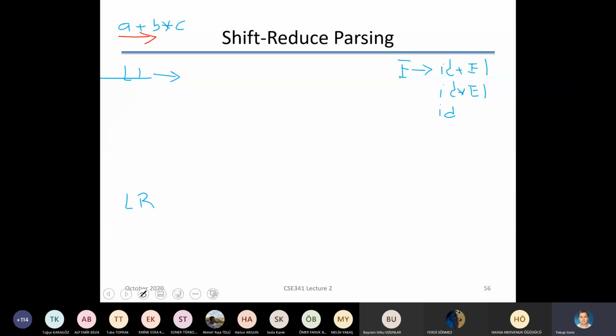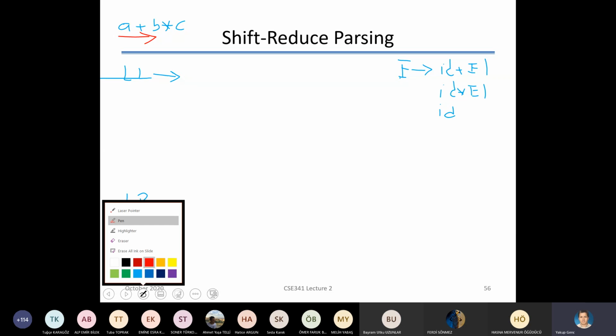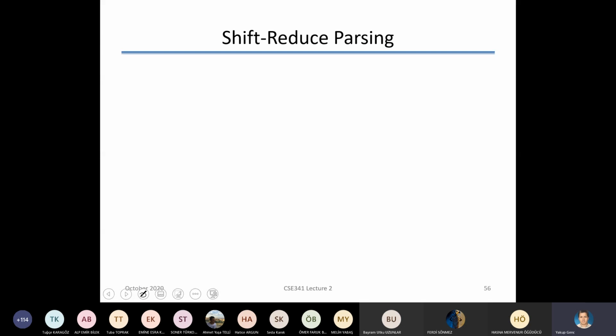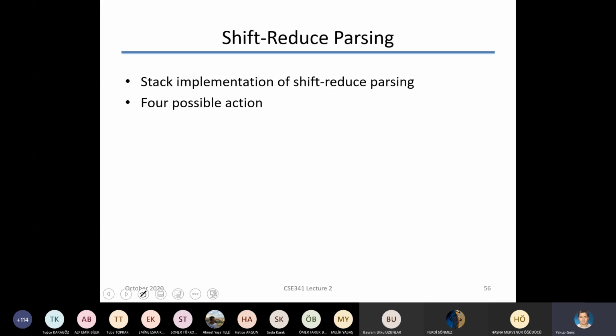And then doing the derivation using a leftmost derivation. On the other hand, an LR(1) is still going left to right, but with rightmost derivation. So for this one, the algorithm is what we call shift reduce parsing, and a stack implementation of this parsing algorithm.